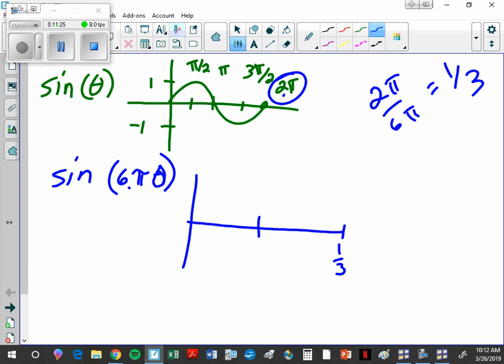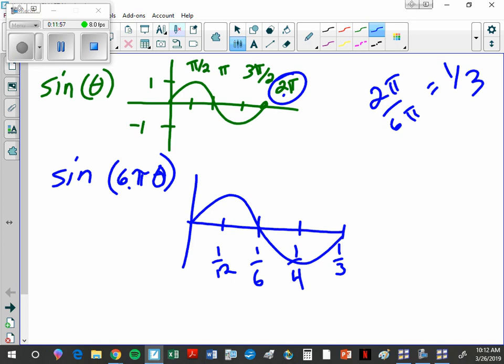What is half of 1/3? 1/6. And what is half of 1/6? 1/12. And then what would that be? Well, 1/12, 2/12, which simplifies to be 1/6, 3/12, which simplifies to be 1/4. And then it would look like that.